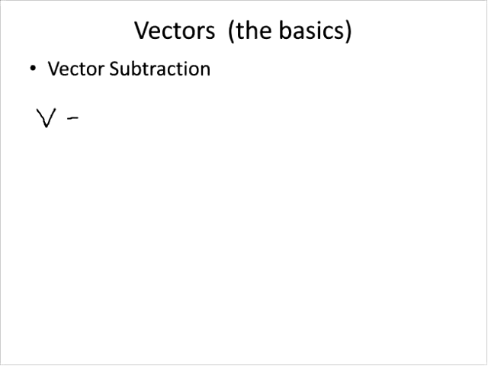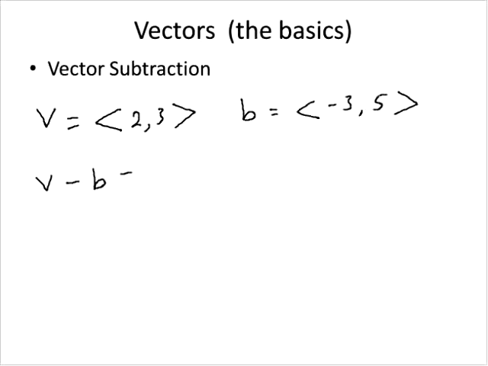Vector subtraction works essentially the same way. Again, I'll just get us two vectors. Vector v is <2, 3>. Vector b is the vector <-3, 5>. And if you want to subtract these two vectors, you just subtract the individual components. It's going to be a new vector, but it'll be 2 minus -3, comma, 3 minus 5.